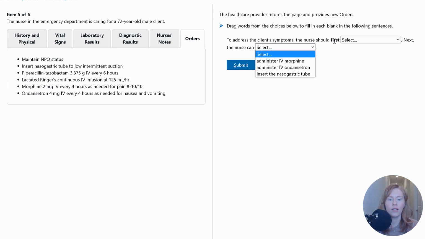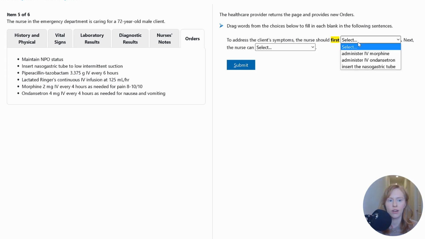So when we're prioritizing, when we're thinking about what to do first, we want to prioritize issues of airway, breathing, and circulation. In this case, this guy has been vomiting, he's lost fluids. We want to stop that vomiting to stop the volume loss and prevent an issue of circulation from developing. So of these, I want to prioritize the ones that are going to relieve his nausea.